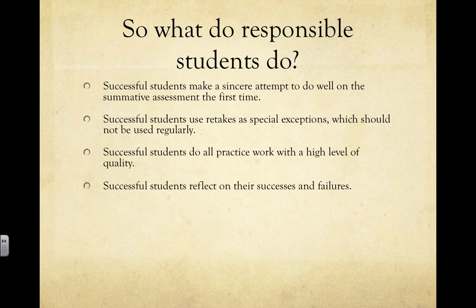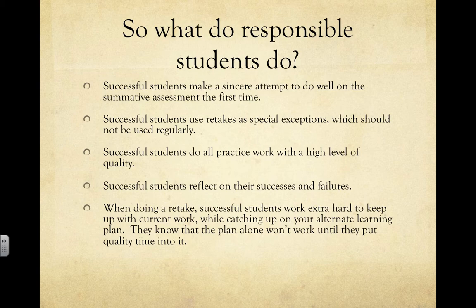Successful students reflect often on what makes them successful, but also where they struggle. When doing a retake, successful students will work extra hard to make sure that they're keeping up with current work while catching up on the old stuff. They know that the alternate learning plan all by itself is meaningless until they put in the hard work to make it work.